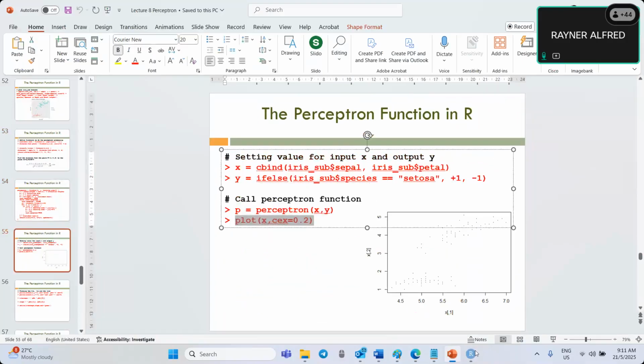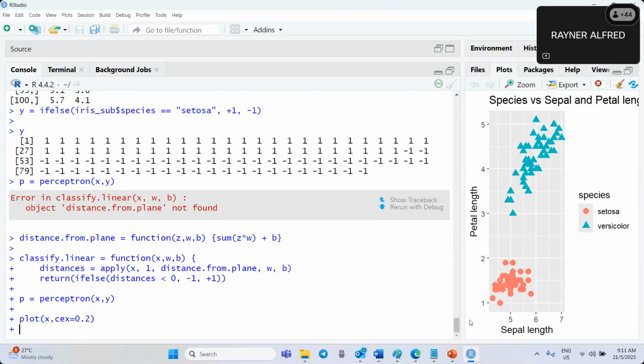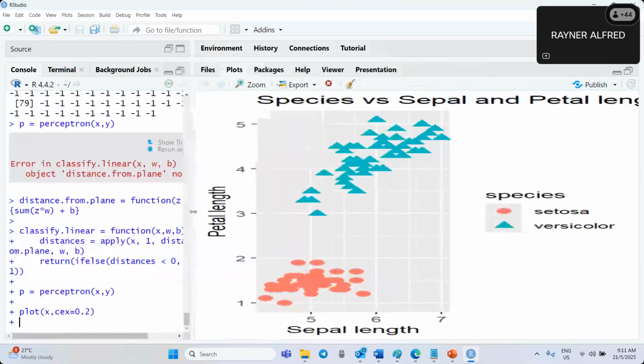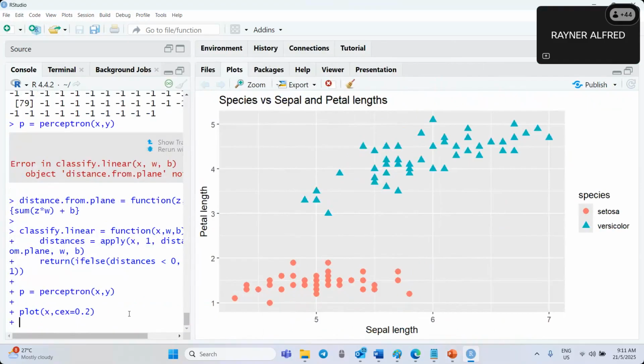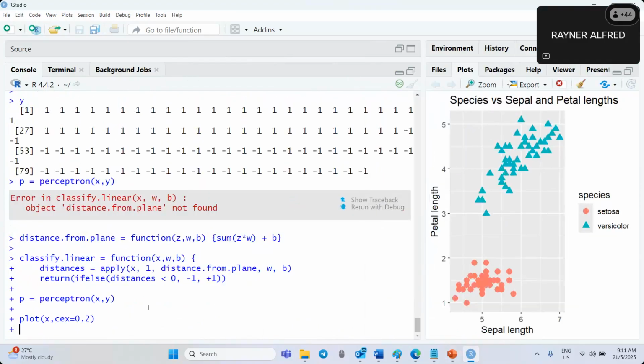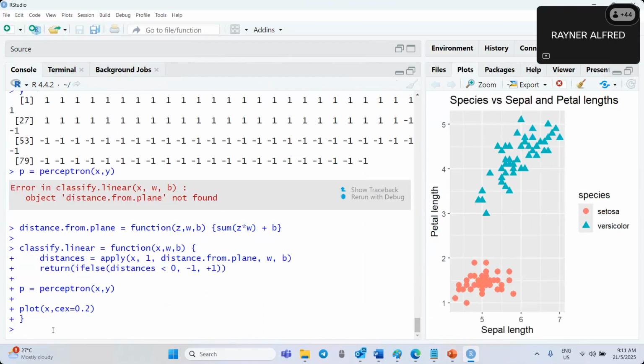We can plot them. I will repeat this one again.